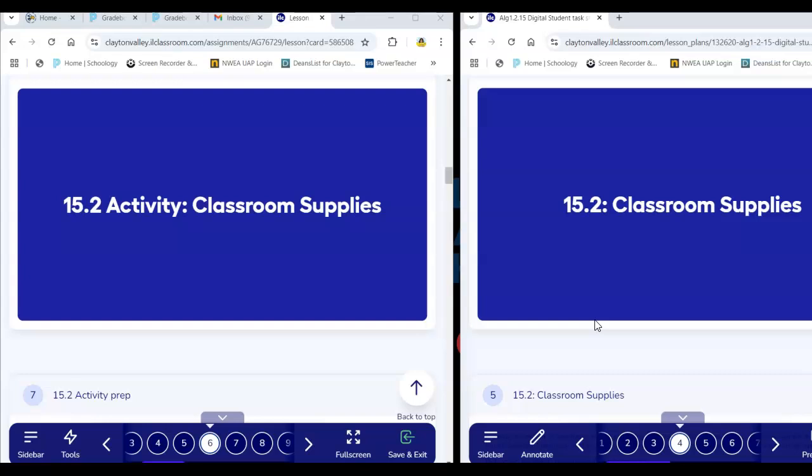So the purpose of this activity is to take what we just played with, the idea that when you add the same number to both sides of an equation, you still end up with an equation that's true. And we're going to relate this to a situation in the real world that could happen.